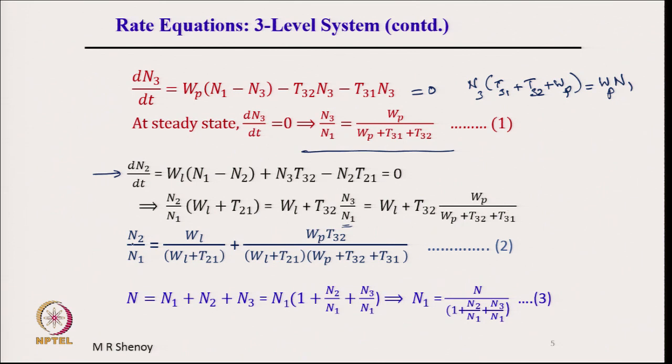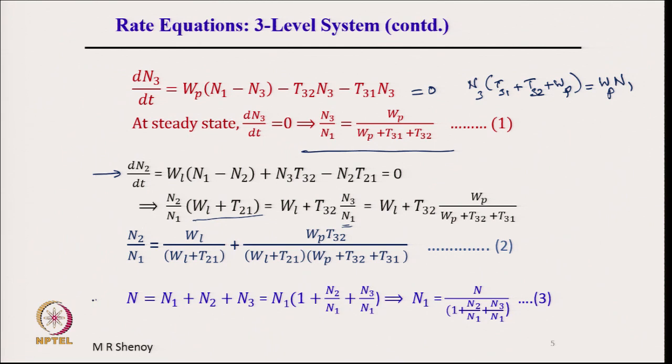So, N2 by N1, this term goes to the other side and you have WL divided by WL plus T21, plus Wp into T32 divided by this term into the other term. So, this is equation number 2. So, we have got expressions for N3 by N1 and N2 by N1.